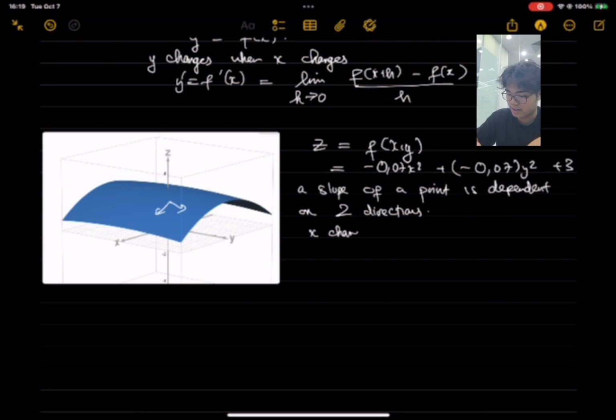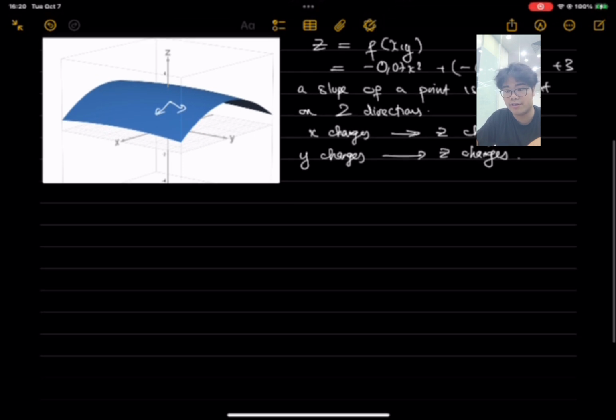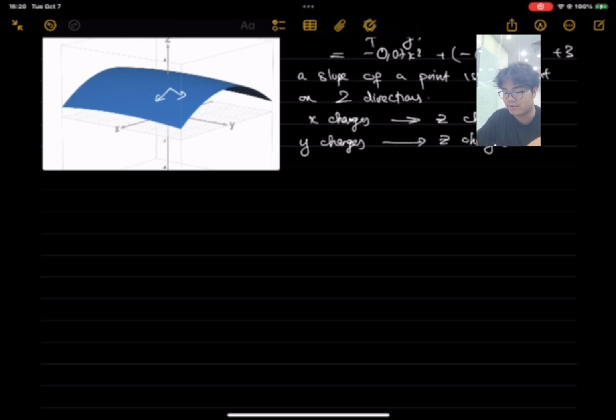You can see that when x changes, then z changes, and when y changes, z also changes. So to describe how z changes, we must describe how z changes when each of these variables changes, and this is where the partial derivative comes in, right?